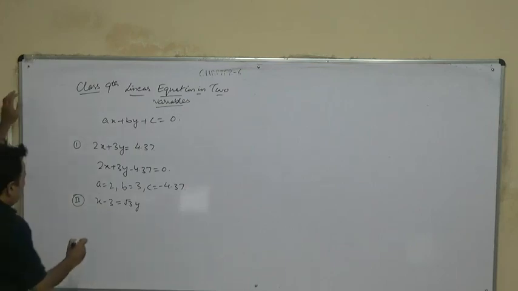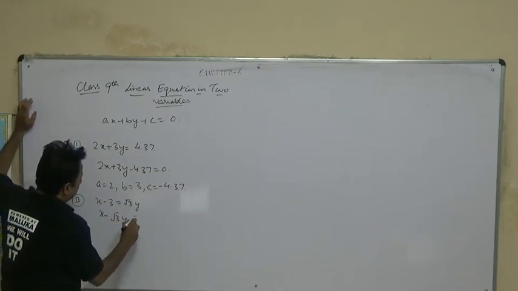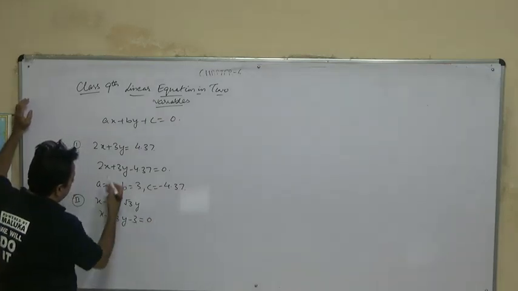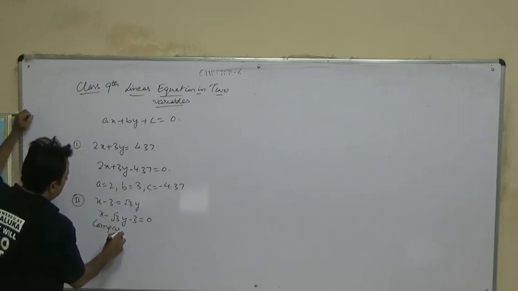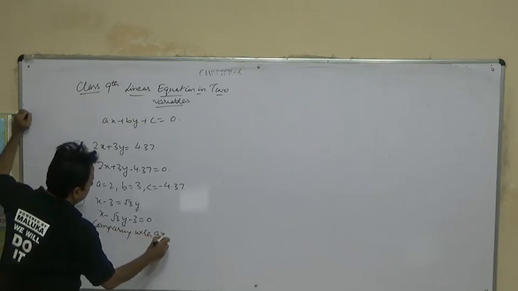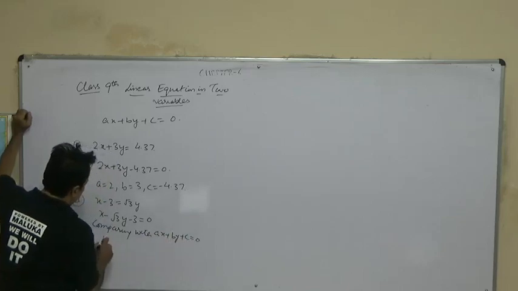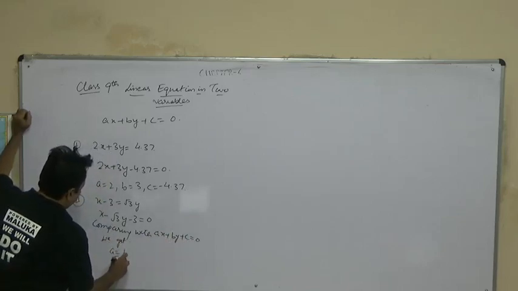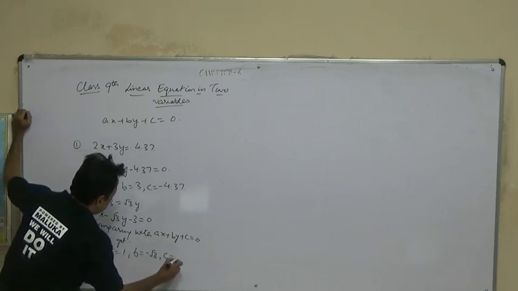So this will be x minus root 3y minus 3 is equal to 0. Comparing with ax plus by plus c is equal to 0, we get a is equal to 1, b is equal to minus root 3 and c is equal to minus 3.